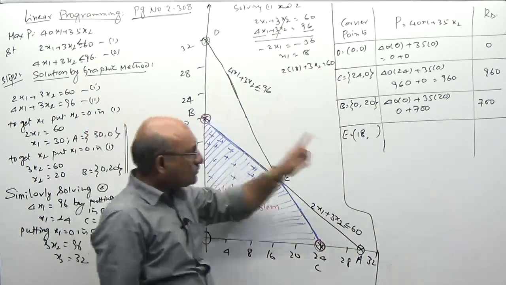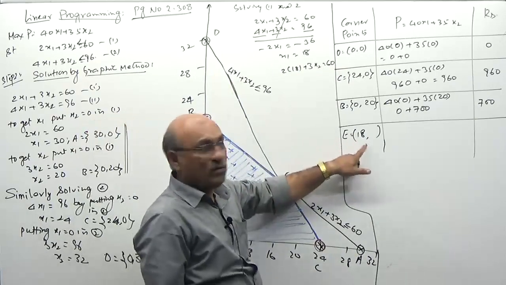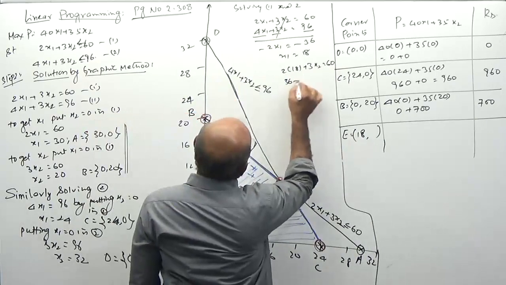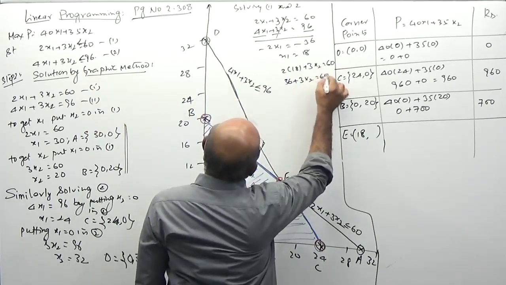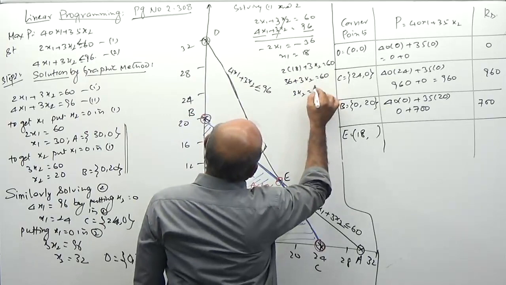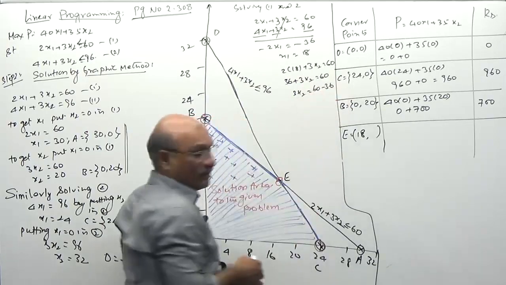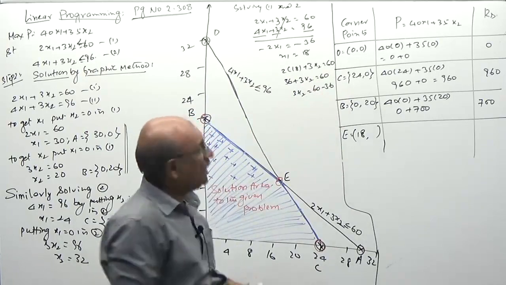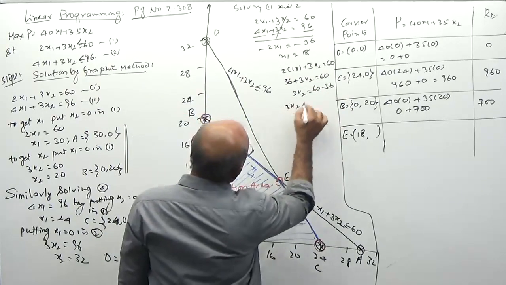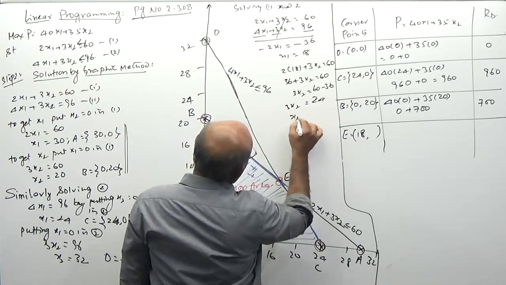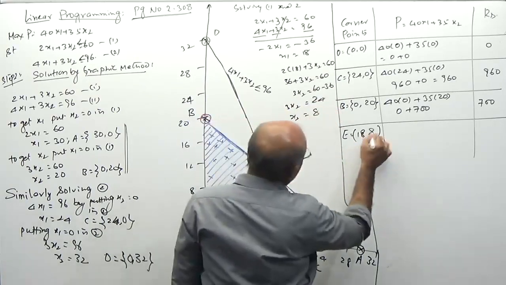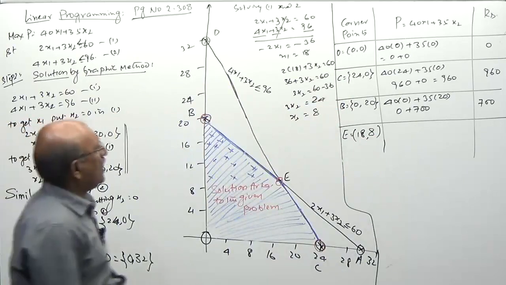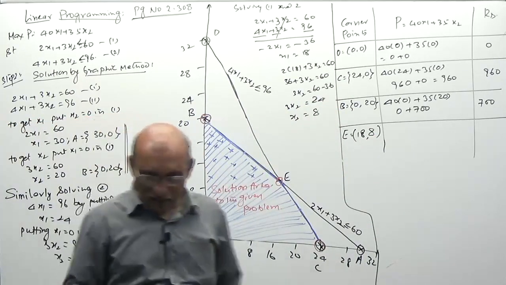What I am doing? The x1 value 18 I am substituting in equation number 1. 36 plus 3x2 is equal to 60. 3x2 is 60 minus 36, which is 24. So x2 is equal to 8. This is working area, sir, working part.